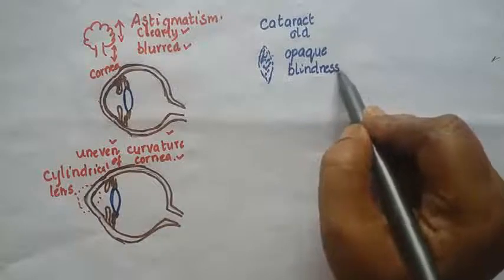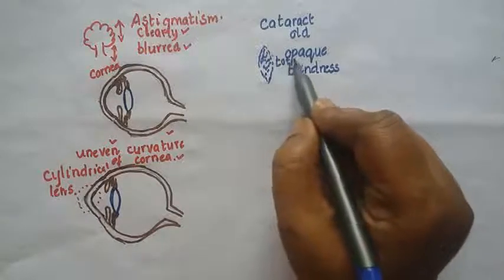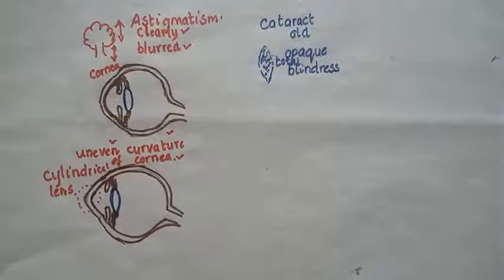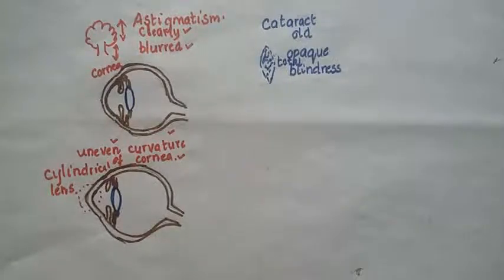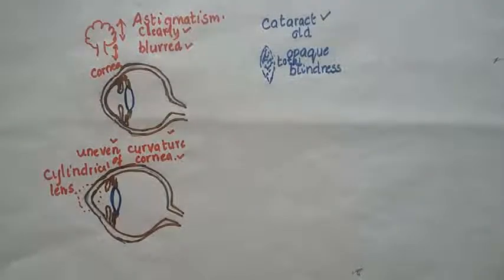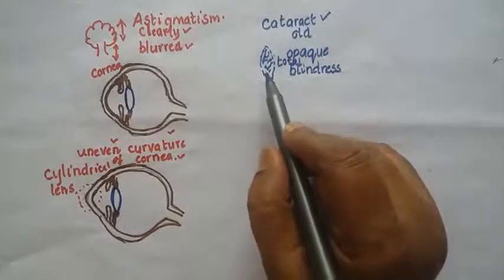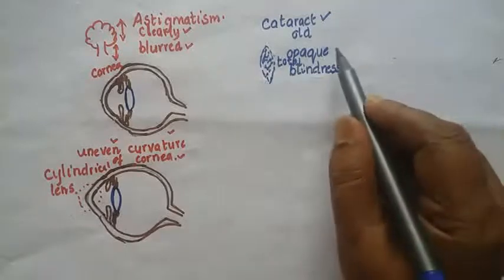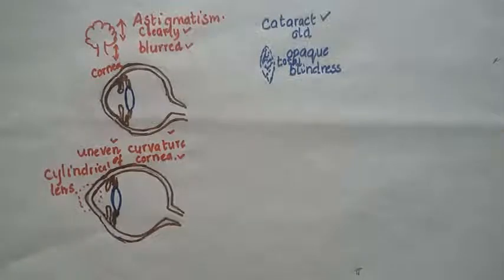In such a case, we call that condition a cataract. So what is the meaning of a cataract? Cataract is a condition in which the transparent lens turns opaque, which leads to blindness in that person.